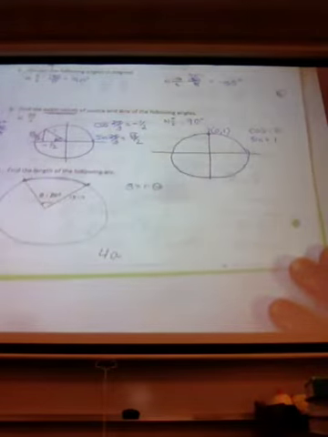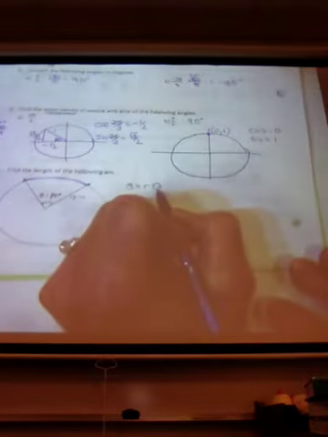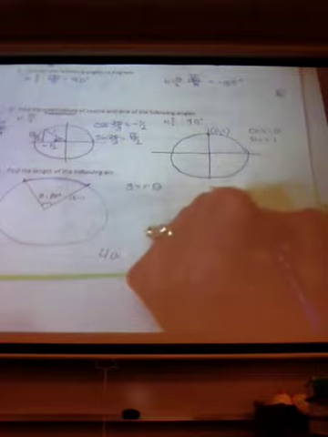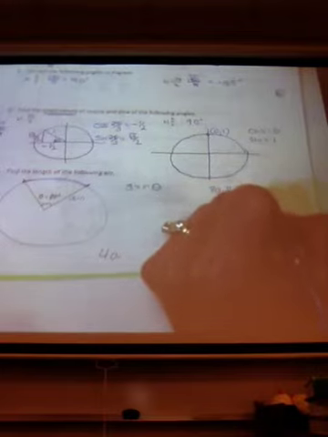You need to convert this to radians. That's where I was going, because theta is in radians. So I have to go 80 times pi over 180, which is 4 pi over 9.